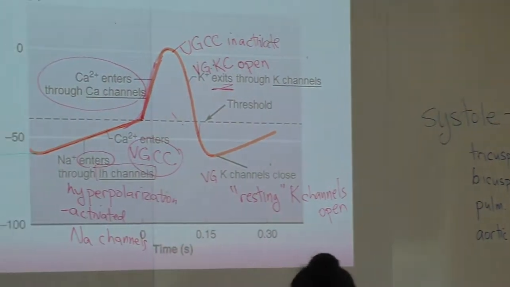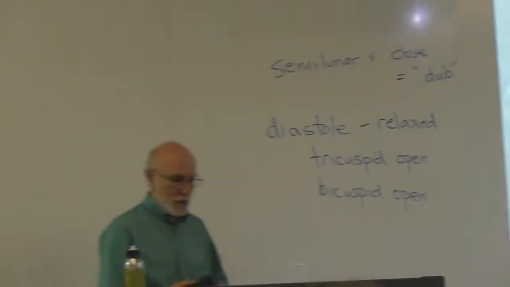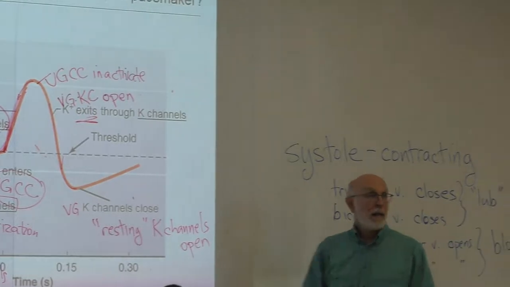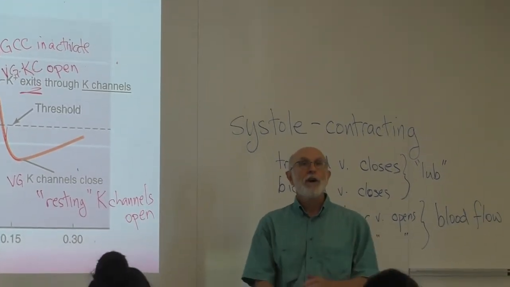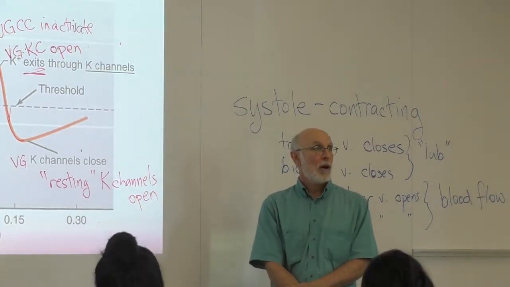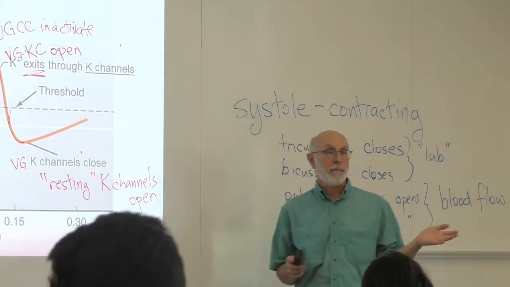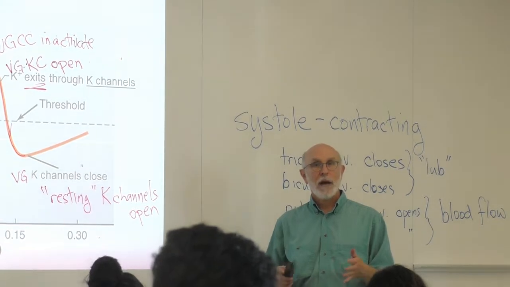Understanding these channels and how they do this is essential for understanding pacemaking in the heart. And it's going to become critical for understanding how the nervous system controls pacemaking, right? And you want to know that.